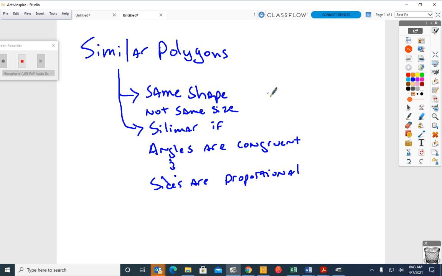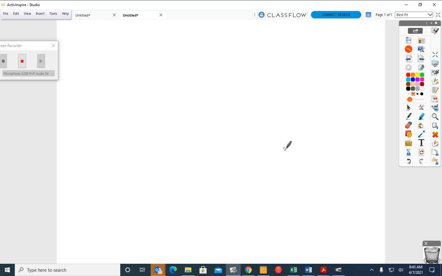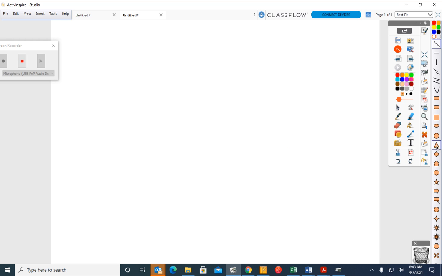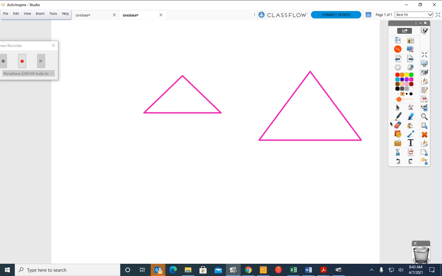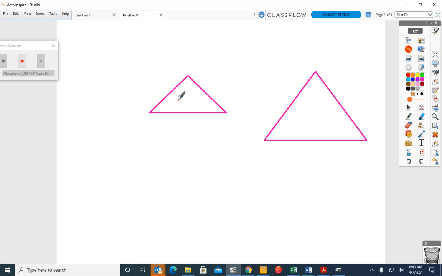Okay, so let's say I've got one triangle here and another triangle here, and let's give them some labels. Let's say this is triangle ABC and this is triangle DEF.